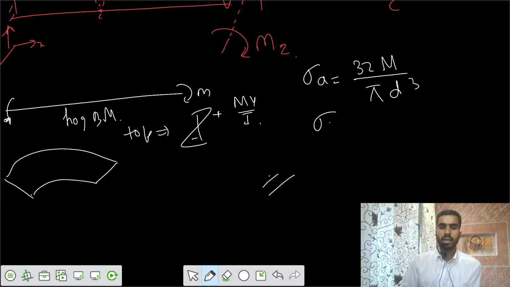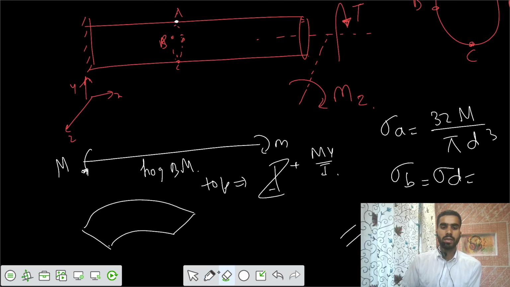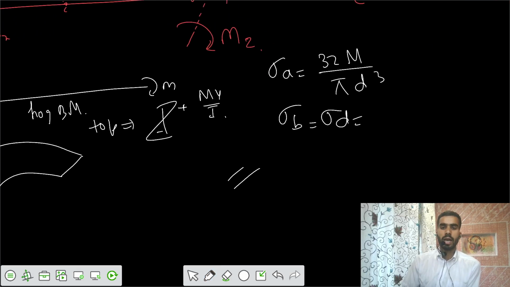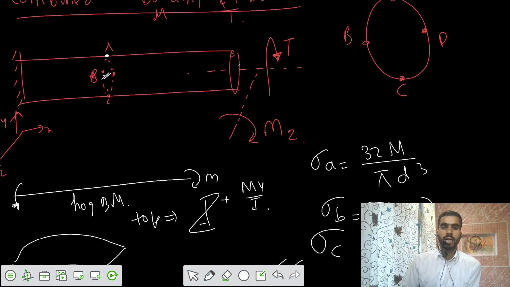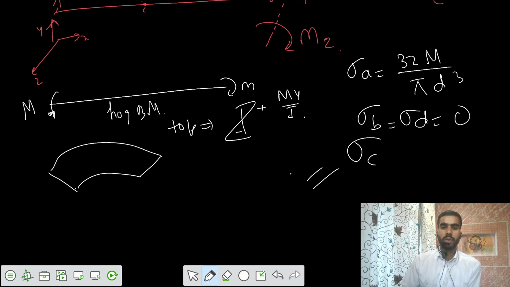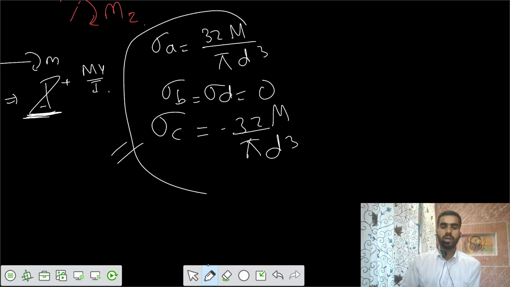And stresses at B equal stresses at D, because both the points are on the neutral axis. So stresses would be 0 at B and D. And the stress at the point C, that's below the neutral axis, is compressive, so minus 32 M by pi d cube. So we got the stresses because of moment.